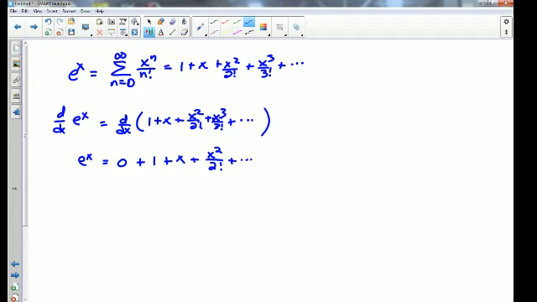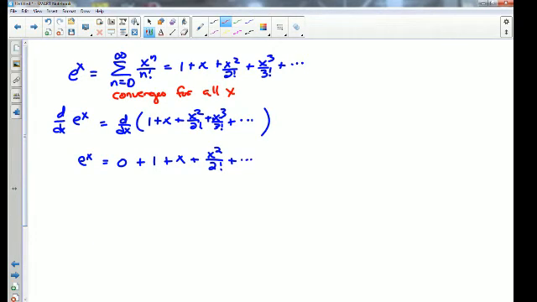If I want to integrate, I'm going to do it term by term. So it's very straightforward, derivatives and integrals of some of these functions and the power series. And it can be pretty handy, like I pointed out to you over there. The nice thing is, e to the x converges for all x values.